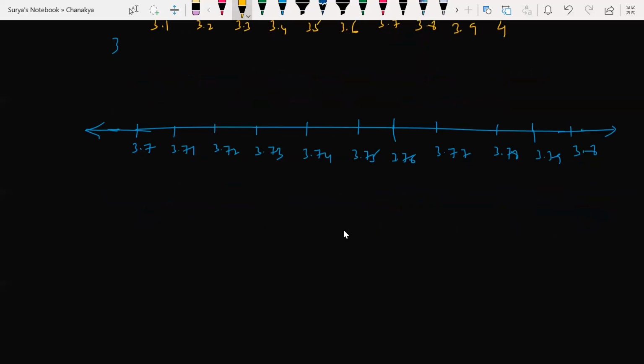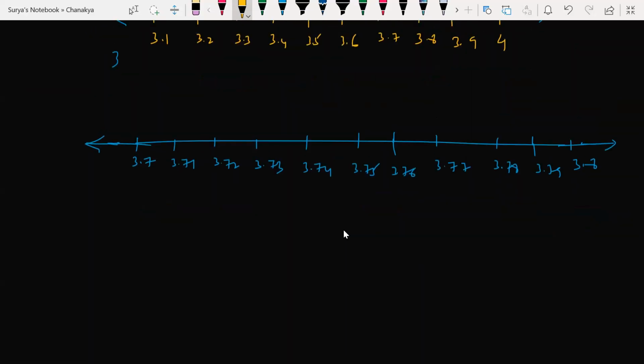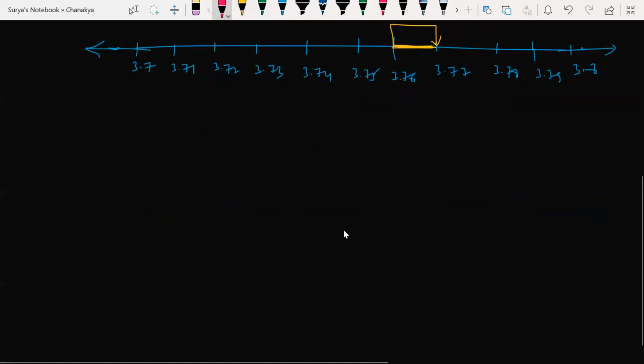Basically, 3.765 lies between 3.76 and 3.77. Again dividing this gap into 10 equal parts, very simple.